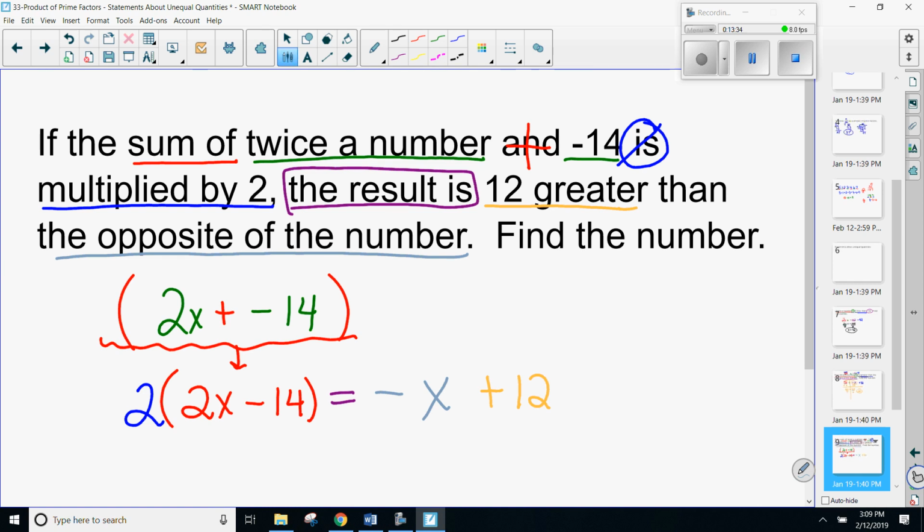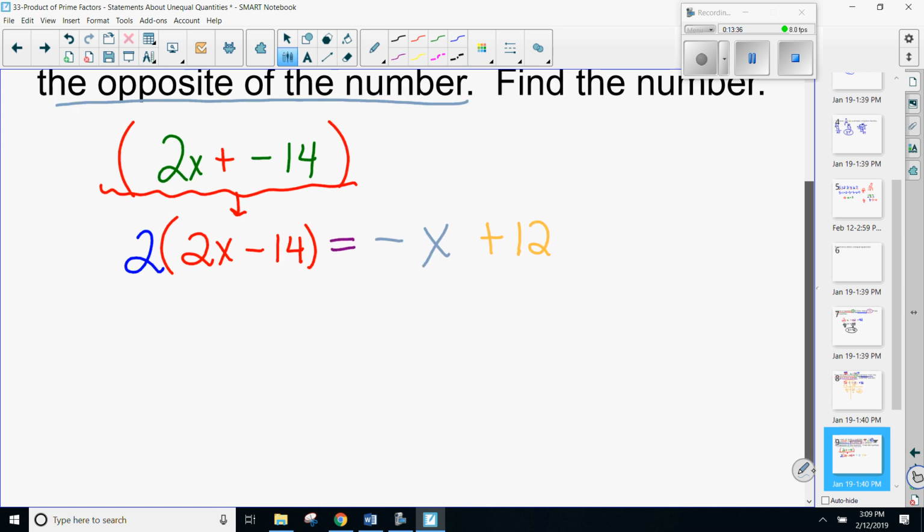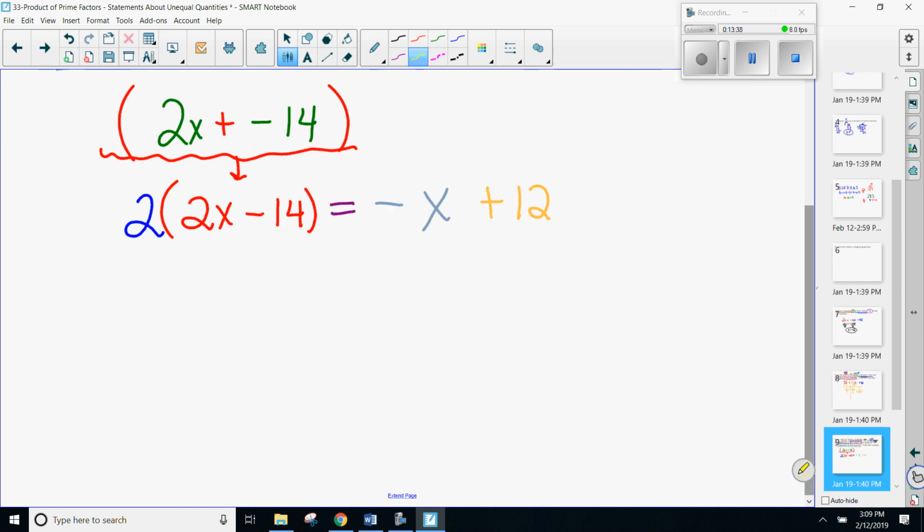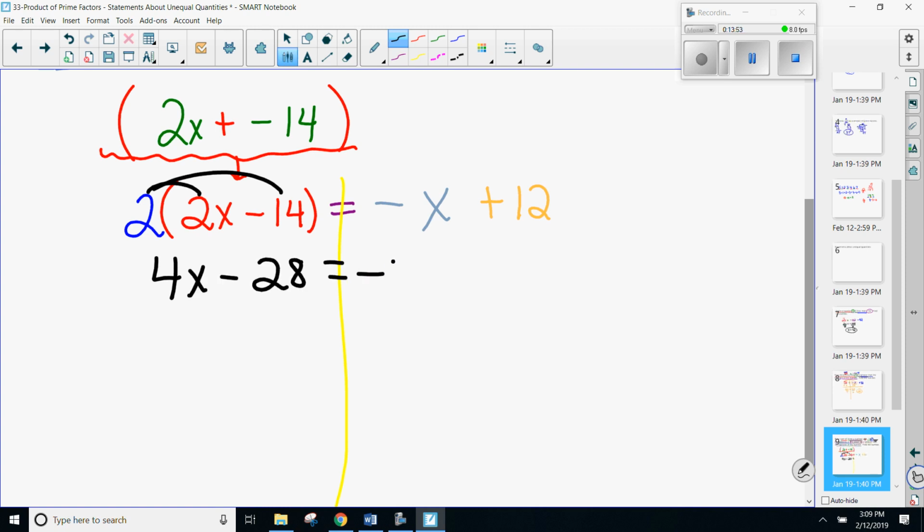We're good with that? All right, so now you got to solve. What do you do to solve? Distributive property. We want to simplify each side. The left-hand side is not simplified, so you distribute. 4x minus 28 is equal to negative x plus 12.